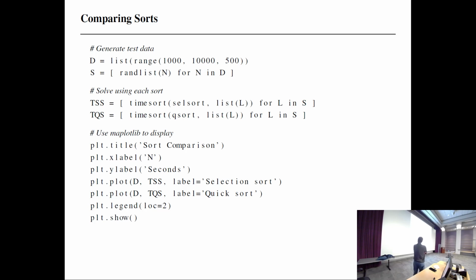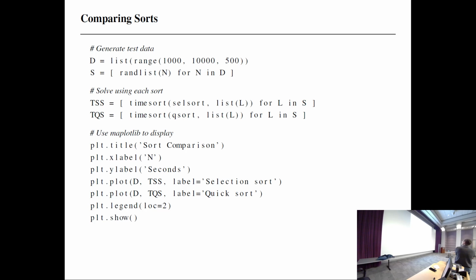I'm going to then, with two more comprehensions, collect the results of this timesort. And remember, timesort returns elapsed time. It returns a time measurement. The first time, I'm going to use selection sort as this function. Notice that selection sort is a function definition. I'm passing it like a value. And I'm going to run selection sort on the list L for every L in S. Now, why am I wrapping this in a list?